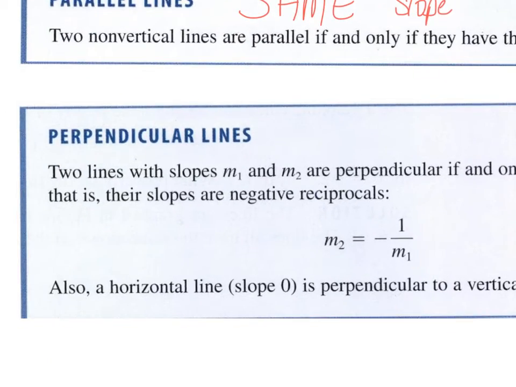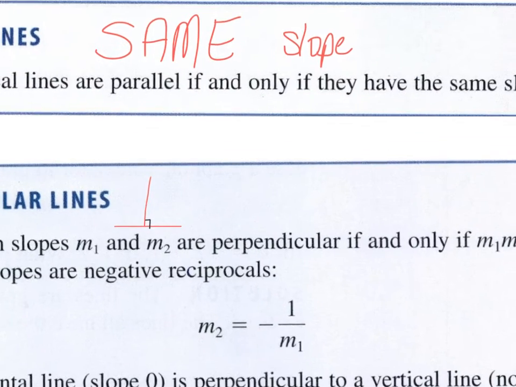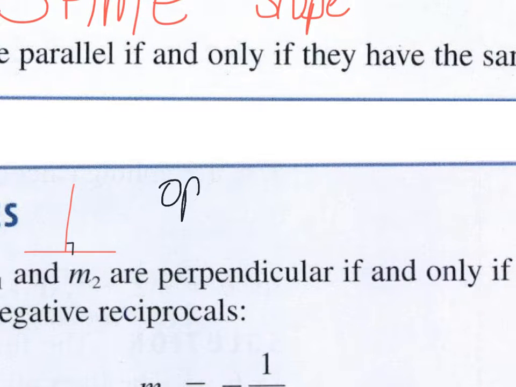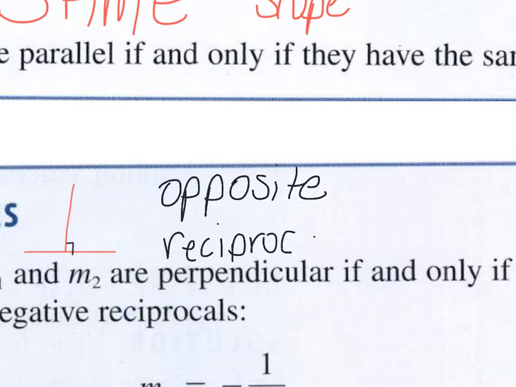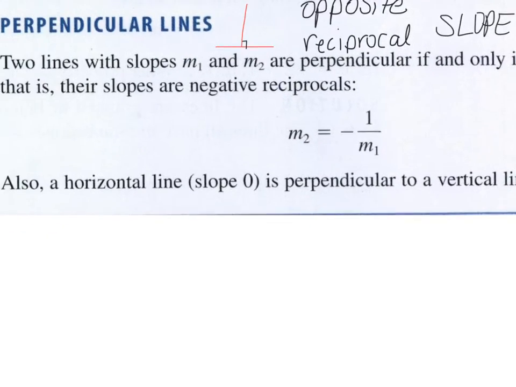If we talk about perpendicular, okay, perpendicular looks like this. When they meet, what do they form? A T. It's like a little 90-degree angle. They have opposite reciprocal slopes. What does it mean when you have reciprocal? Yep, you flip it. Good. So let's do some examples here.